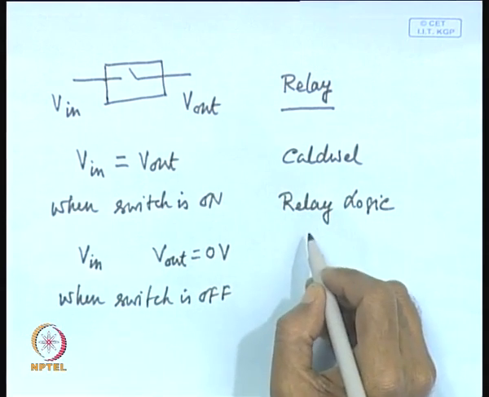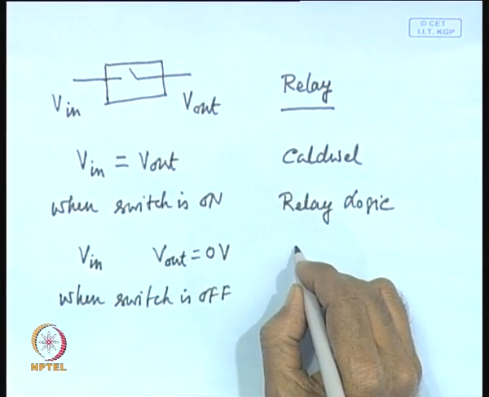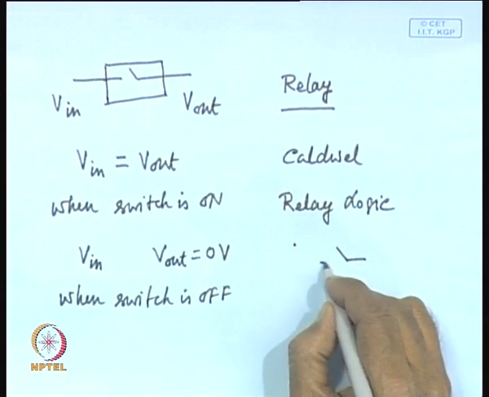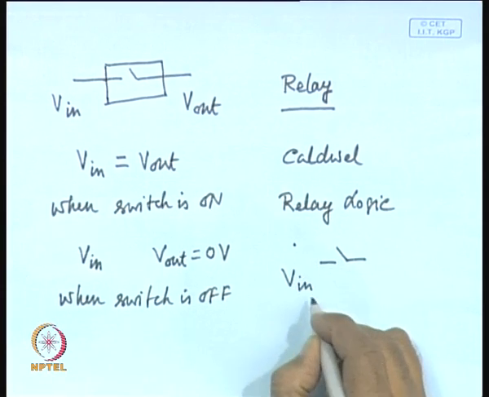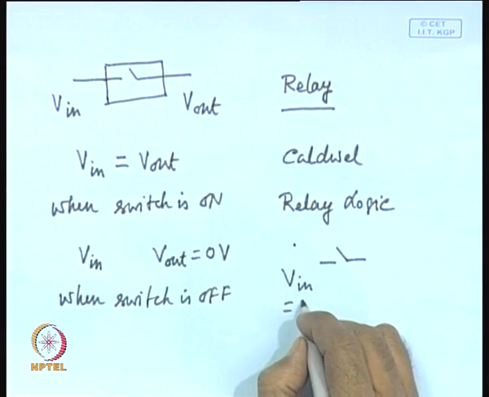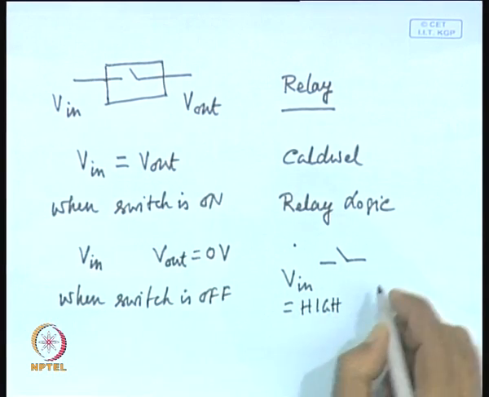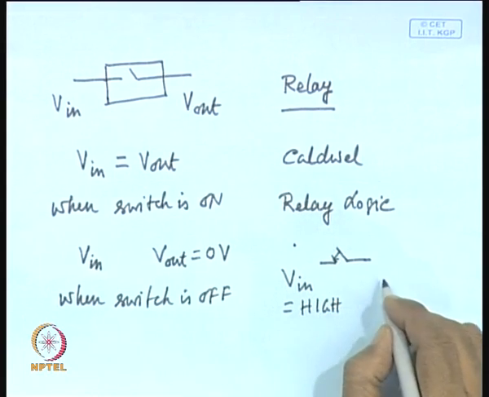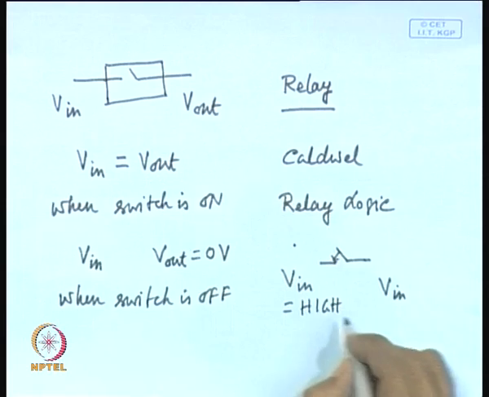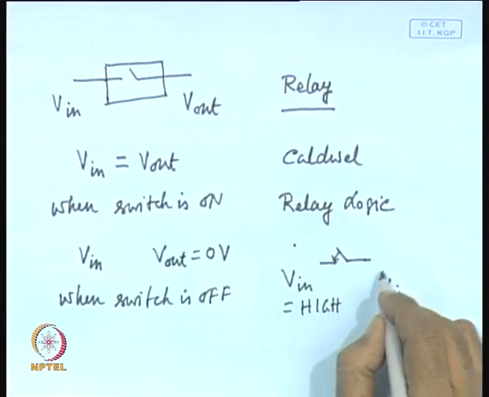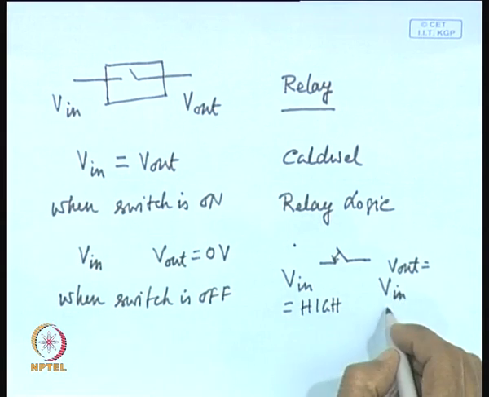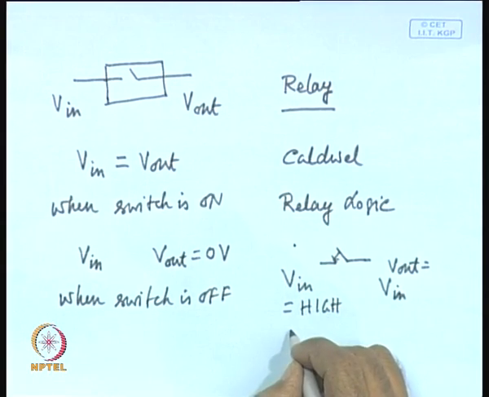In case of a relay, presence of input, that means whenever you apply, say suppose this is the relay, and you apply an input which is equal to high, that means if input is available and the switch is closed, whatever is V in you get as V out. That means, V out is equal to V in irrespective of high or low.